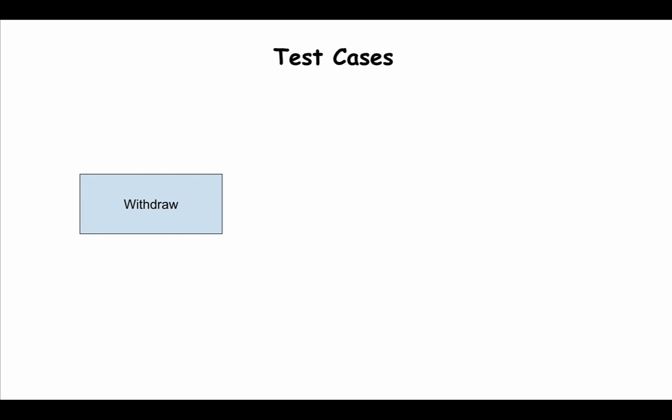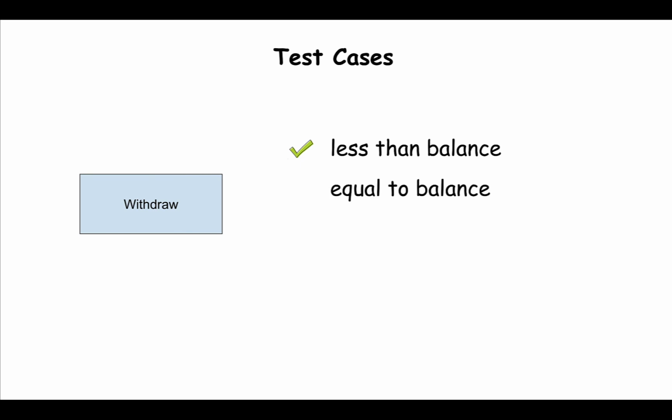After we determine the test requirements of the module, we will develop test cases to test possible inputs and expected outputs. For the withdraw module, we will write test cases for when the amount is less than the balance, and we want this test to pass; equal to the balance, and this test will pass if the business rules allow the user to withdraw all their money.